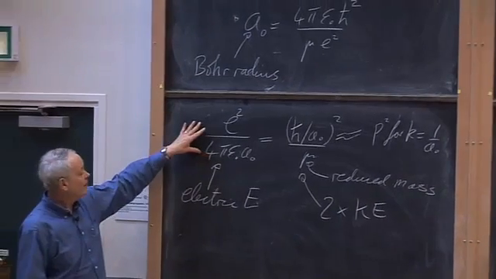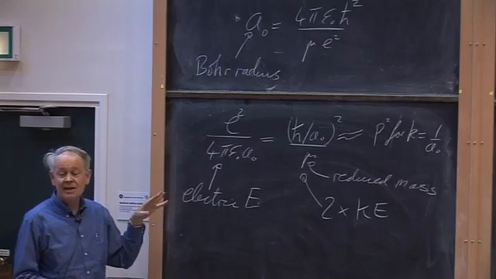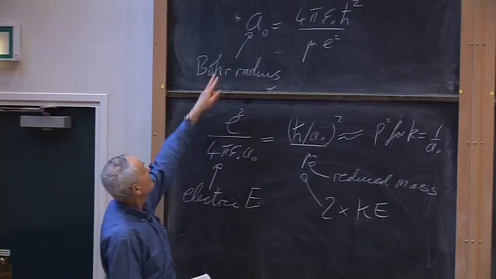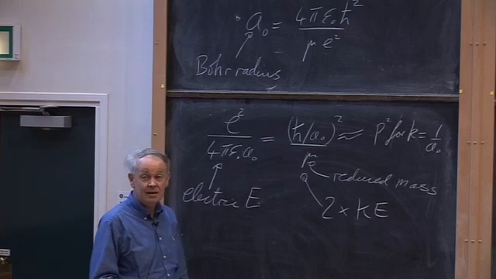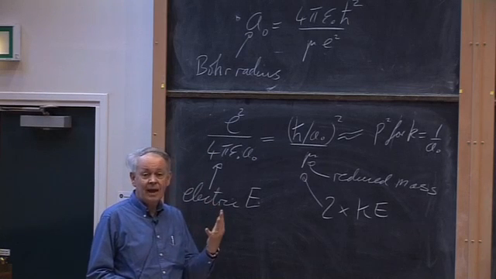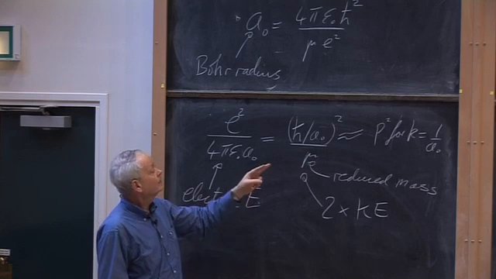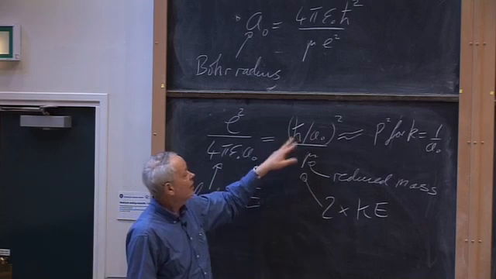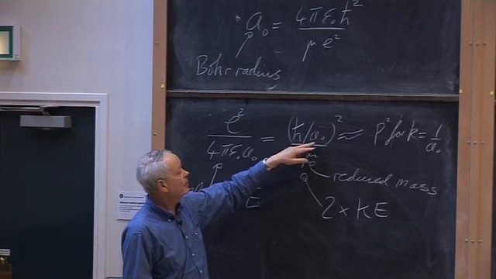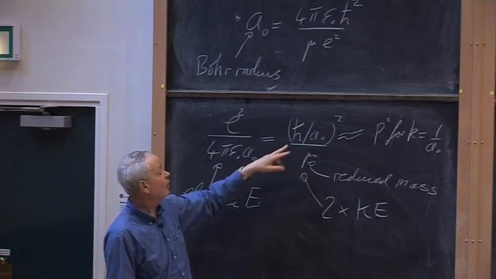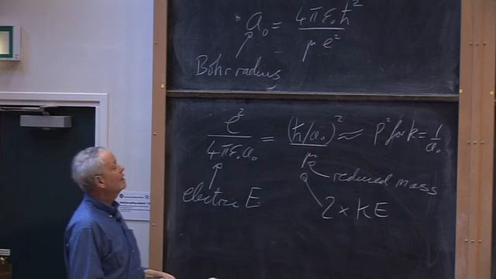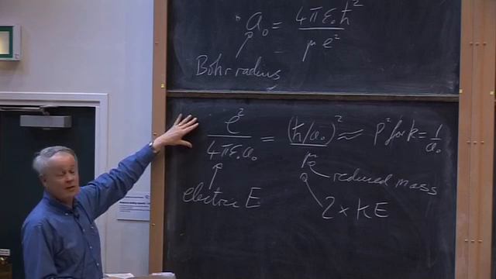And what we have on the left side here is the electric energy. So the scale that's being set, this dimensional quantity, the Bohr radius, is the natural scale at which the kinetic energy associated with the uncertainty principle, the zero point motion, what in the harmonic oscillator we would have called the zero point motion, is on the order of the electrostatic energy.